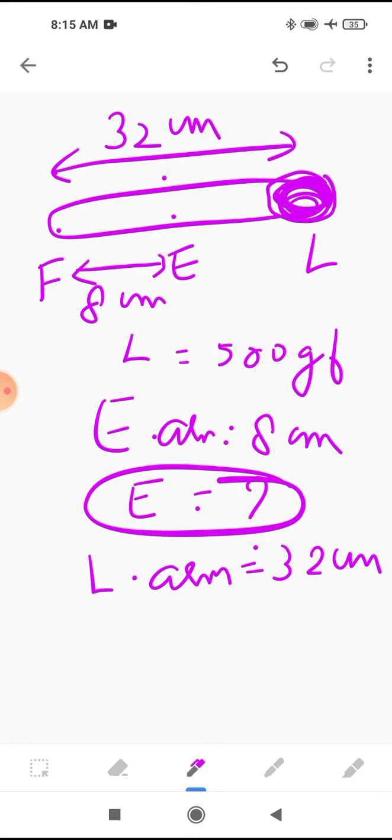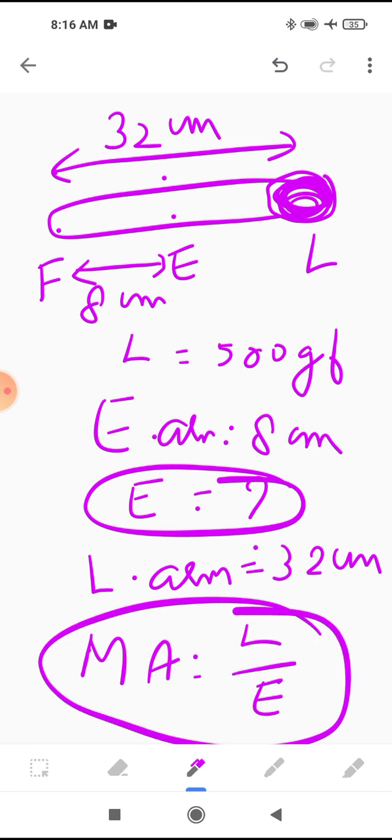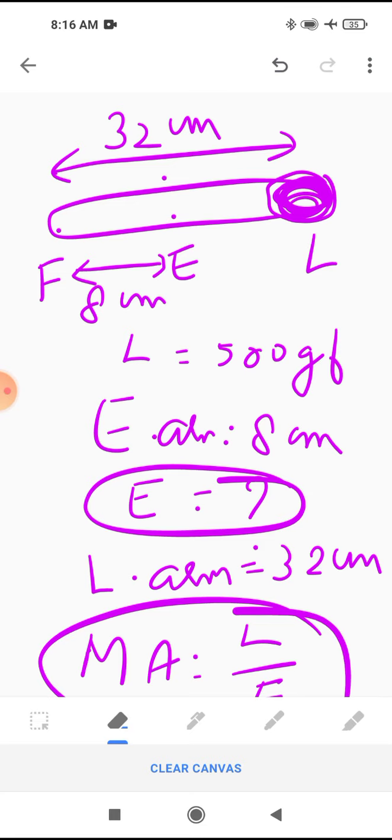Same question, assume friction is absent. Also obtain values of MA and VR of this machine. MA you can calculate easily, divide L with E. L by E will give MA. Then how will you find out VR? VR is equal to MA if the machine is ideal.